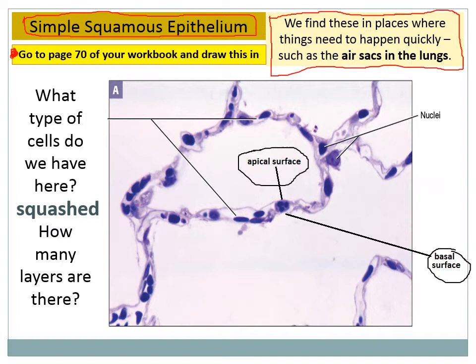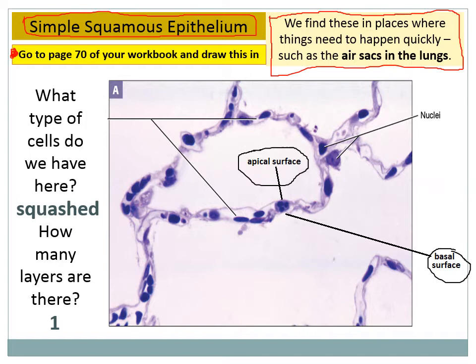Squashed cells we know are squamous cells. And how many layers are there between our apical and our basal surface? Yeah, we find one. So if we have squashed cells and there's one layer, we know that this is simple squamous epithelium, right? Because there's one layer, one simple, and they're squashed, which means squamous.